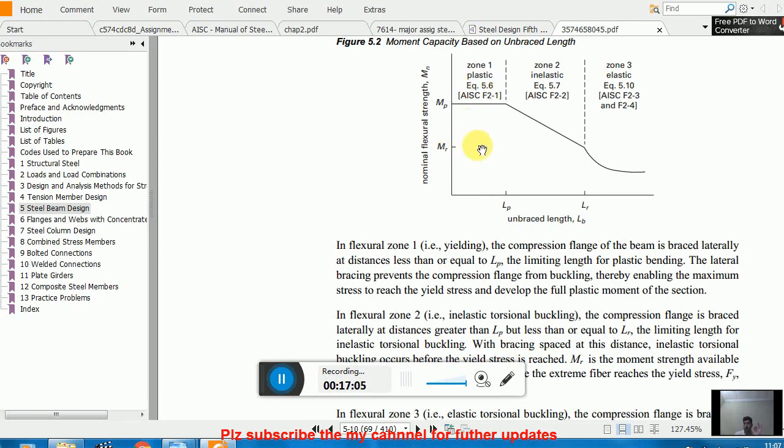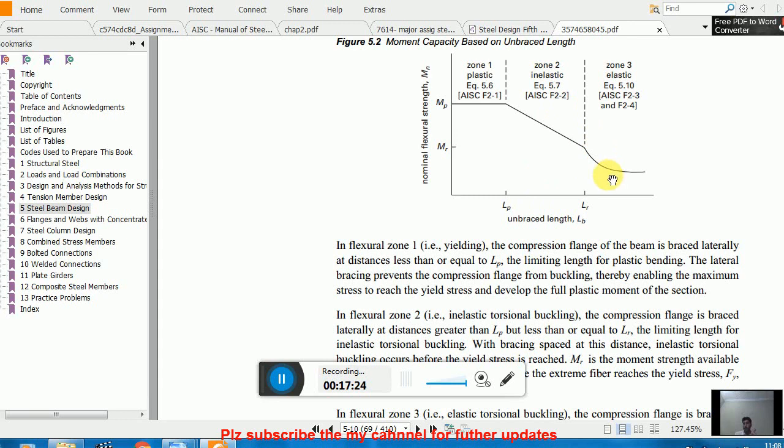Remember, we don't need to check lateral torsional buckling or flange local buckling, because, as in the first video, the beam bends, so there is no lateral torsional buckling, local buckling and the like. Clear? In zone 2 we have to check lateral torsional buckling as well as yielding.